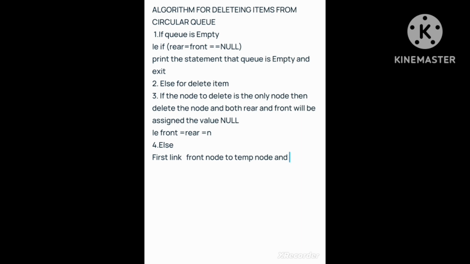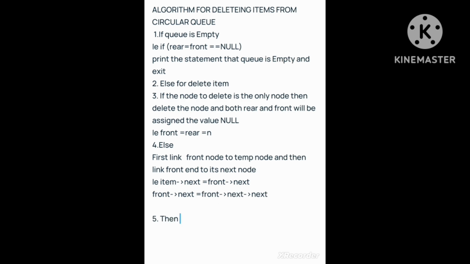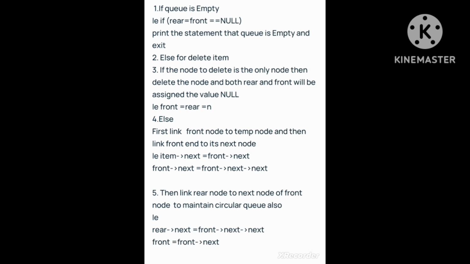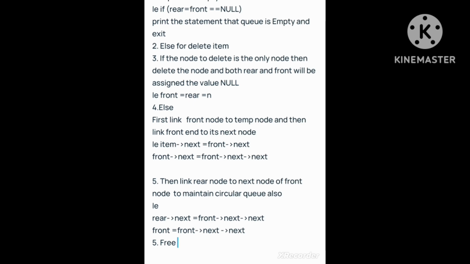For that we will first link our temp pointer to the node at the front end, and then we will update our front to its next node, and at the same time we have to update our rear pointer to the front of the next node in order to maintain the circular queue order.